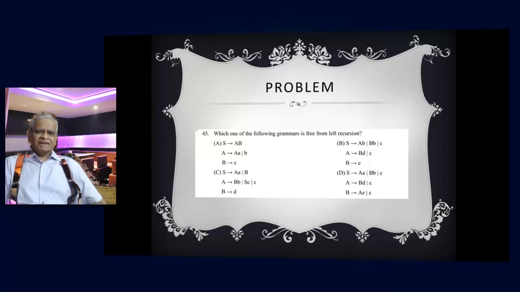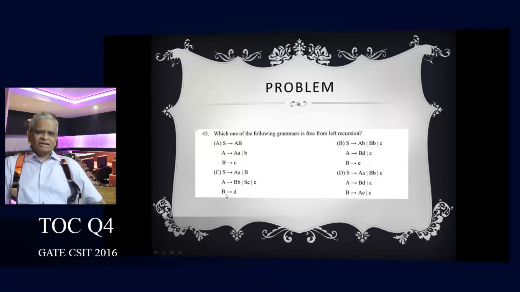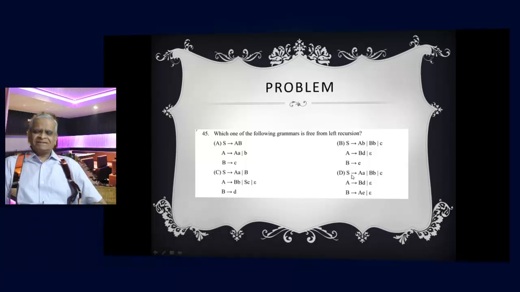Why? The left-hand side of each rule is a non-terminal symbol. Capital S, capital A, capital B. So C is a context-free grammar. Let us consider choice D. The left-hand side of the rules again is a non-terminal symbol, a capital letter. S, A, and B. So D is also a context-free grammar.